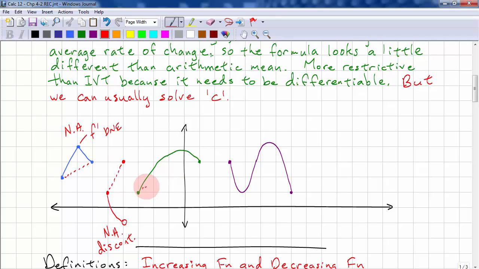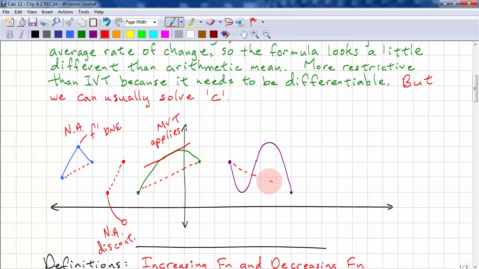Here, the average rate of change is this. We do have continuity here, and we do have a smooth curve, so it's differentiable. So the mean value theorem applies. And we can see that we have a tangent here that matches this slope.